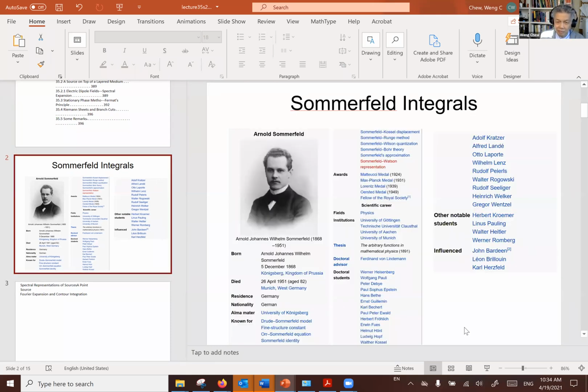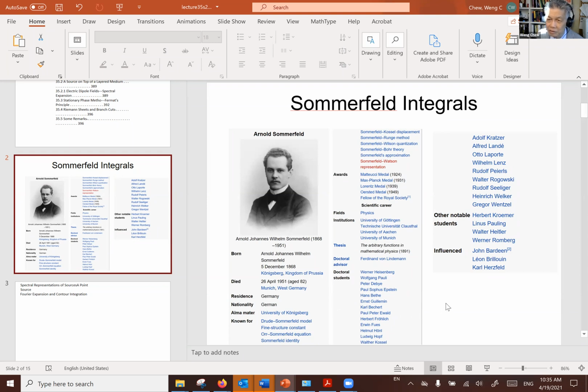So this is Sommerfeld. I'm a big fan of Sommerfeld because you can see that he has contributed tremendously to science, actually the science of electromagnetic waves as well. He himself did not win the Nobel Prize, but many of his students did. If you look at this slide, he got some awards, but many of these students were awarded Nobel Prizes, 4 of them.